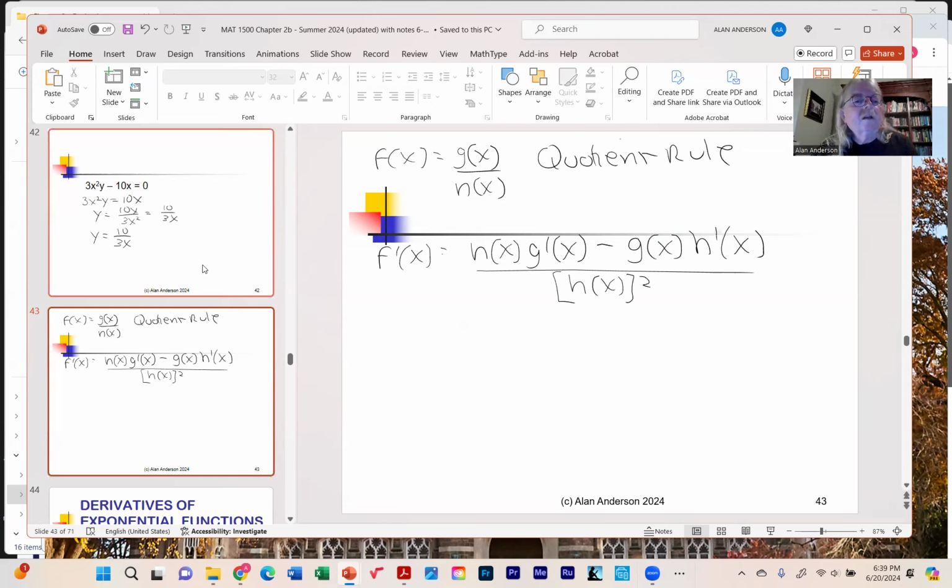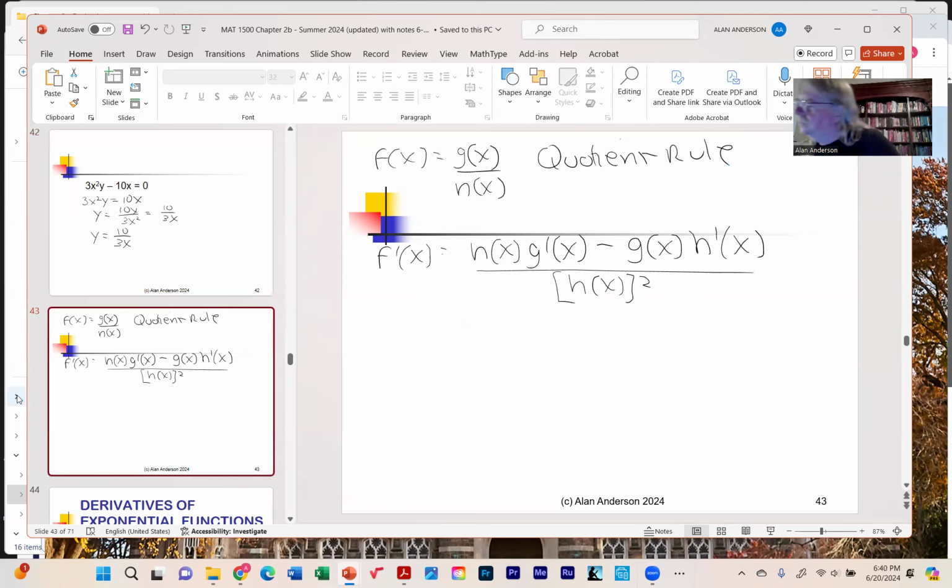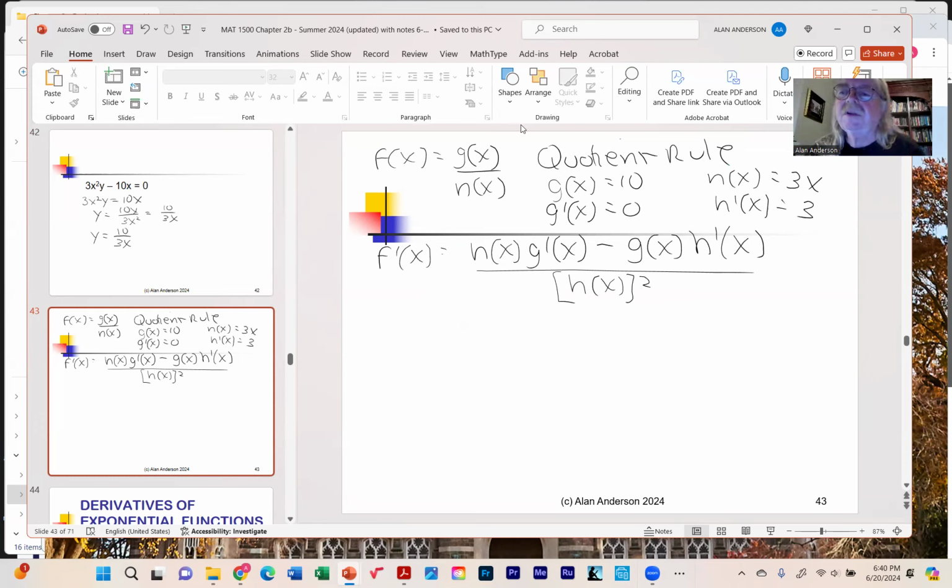Okay, so in our case, we have 10 over 3x. Which is helpful because, as you know, the derivative of a constant is 0. And according to the power rule, the derivative of 3x is simply 3. So this won't be a very complicated expression.